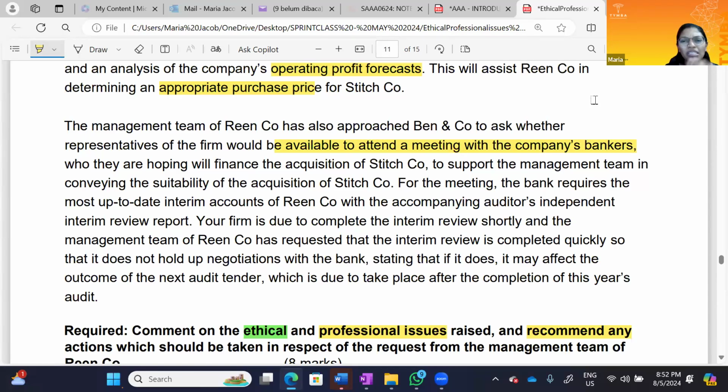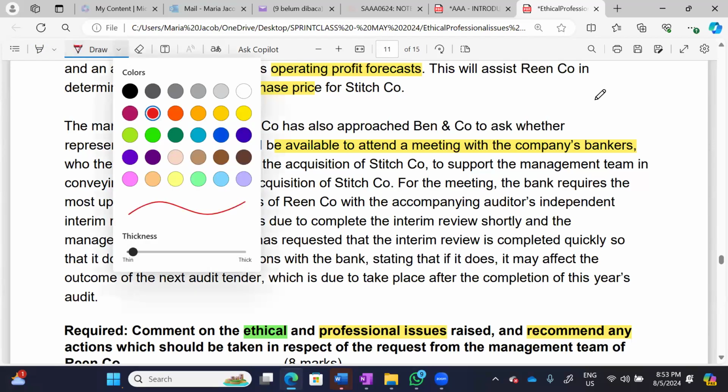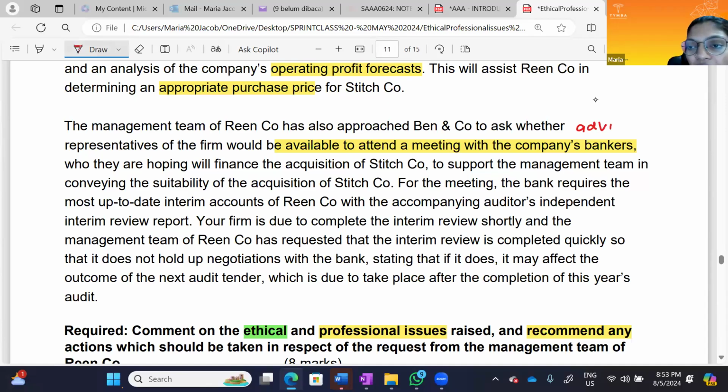The moment you see this, what will be your discussion? Are you able to attend the meeting with the company's banker? It will give rise to an advocacy threat. As an auditor, you cannot.